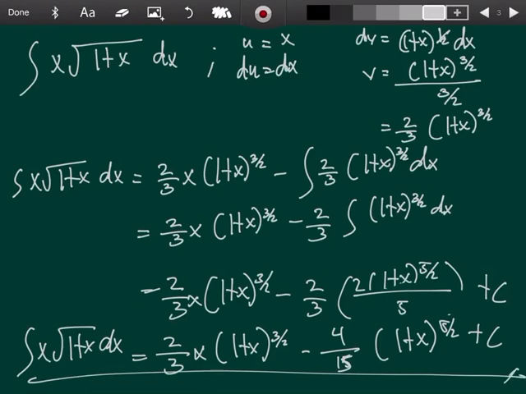Okay, another example. Let's have arc sine. So the integral of arc sine x dx. Meron to sa basic integration formulas, but try naman nating i-integrate, diba?